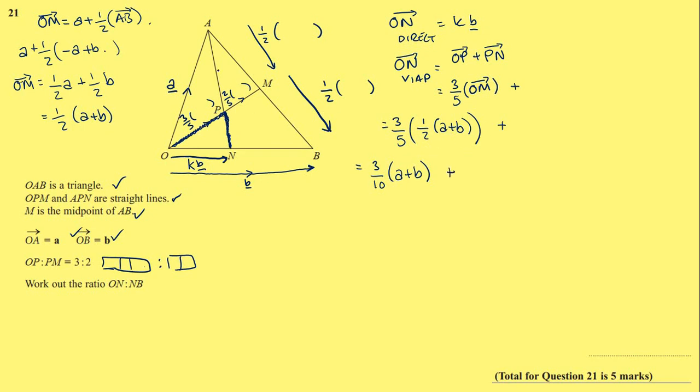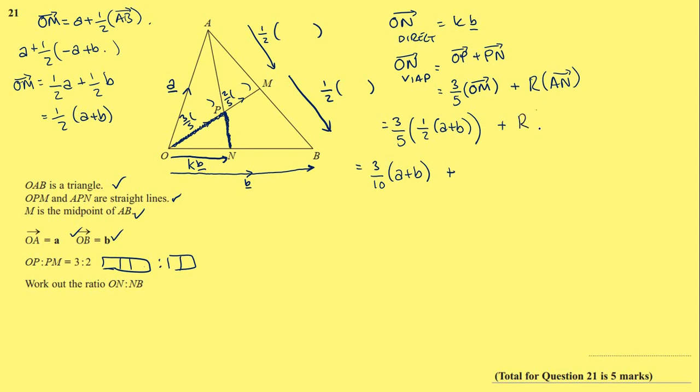Now P to N, it lies on the line A to N. We don't know how much of that line it actually takes up, but we're going to say, well, P to N is actually equal to some chunk, some ratio. I'm going to call it R because I haven't used that letter yet. R of A to N.